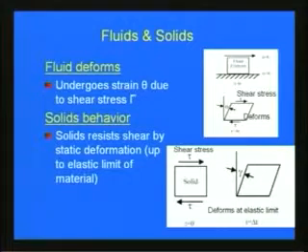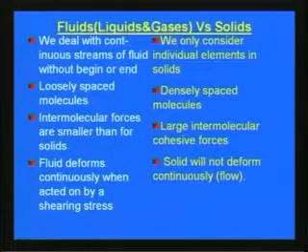As you can see in this slide, when a shear stress is applied on a solid element, it will not deform to a certain extent, and when it reaches the elastic limit, it starts to deform, as in this figure. So, what are the major differences between fluids, including liquids and gases, and solids?